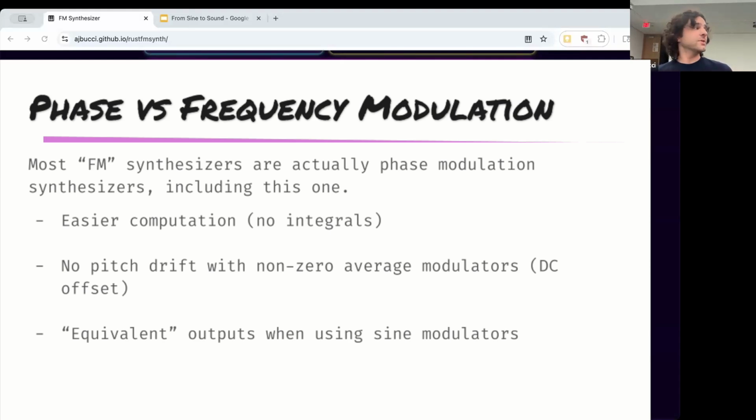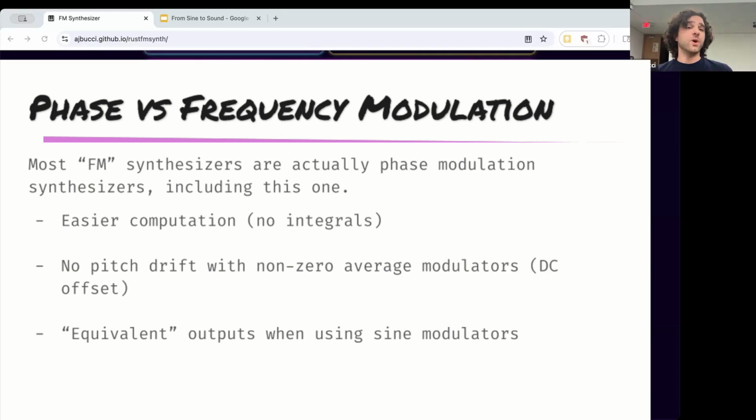Two, if you're doing a frequency modulation, you actually have to take the integral of the modulator. And that can cause some issues, like if you have a DC offset, if you have a signal that doesn't average 0, then you end up shifting the pitch over time instead of having a constant pitch, which is not really desirable.